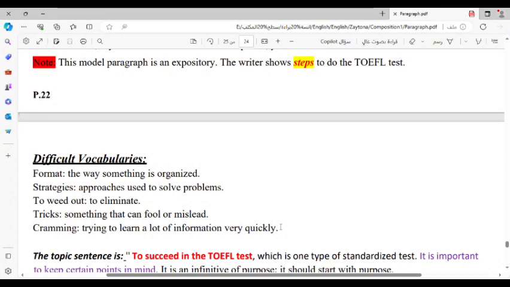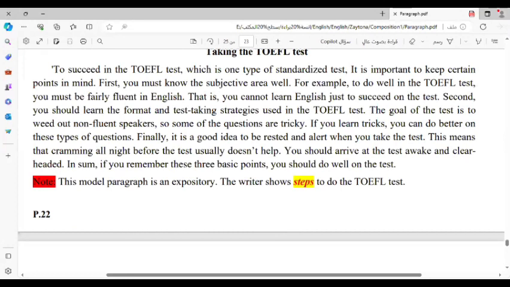I think students give this description, which is مزنوق, right? So cramming is trying to learn a lot of information very quickly, for example in a few hours. So this means that cramming all night before the test usually doesn't help. You should arrive at the test awake and clear-headed. What's the meaning of clear-headed?